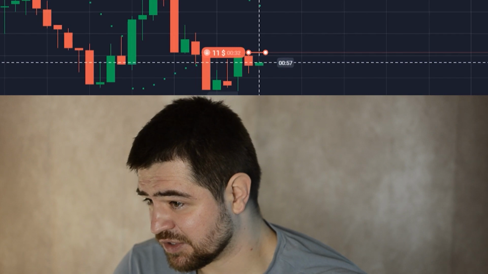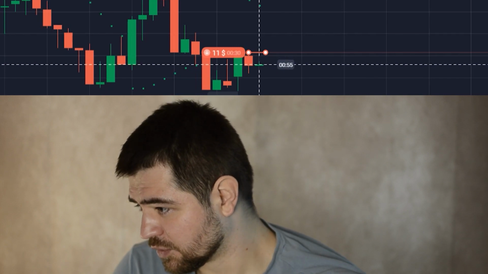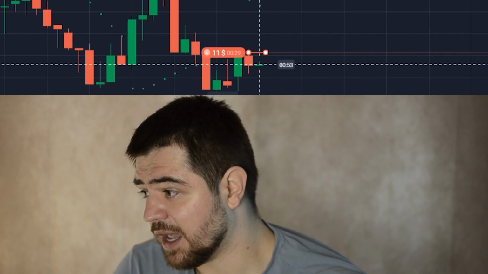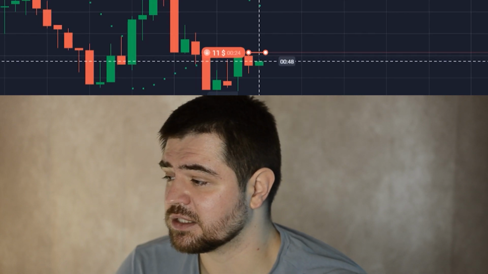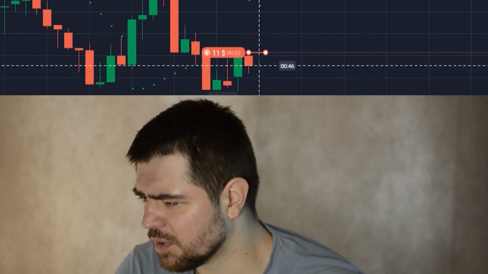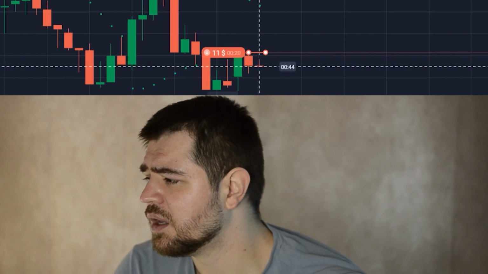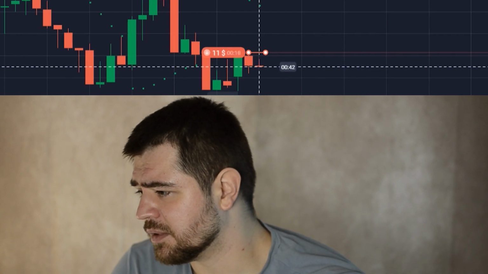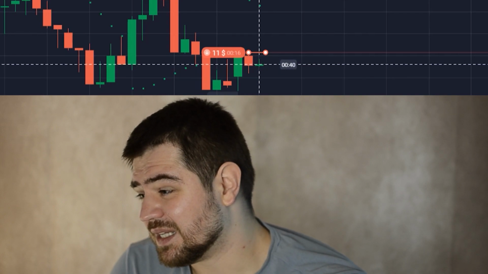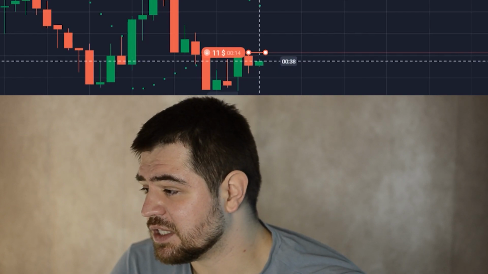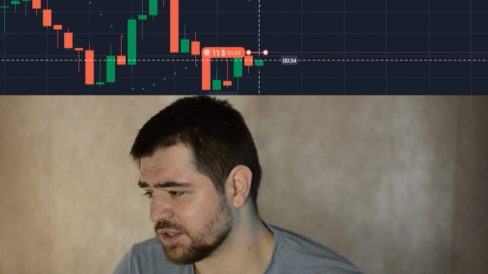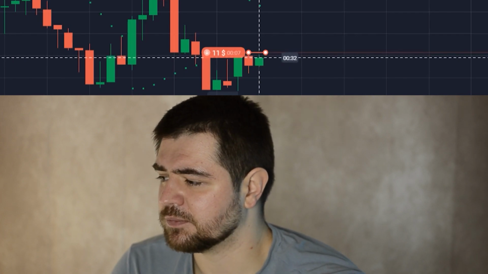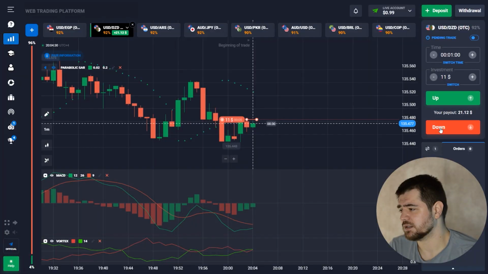So oscillators also give us a hint. For example, the MACD is looking down. Vortex also is looking, still. So here you see the red line of the vortex representing the downtrend is starting to look up in this case.